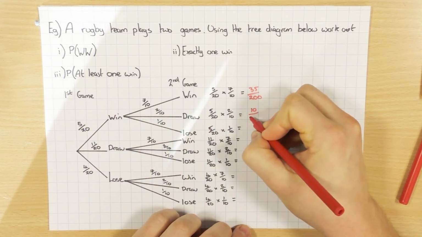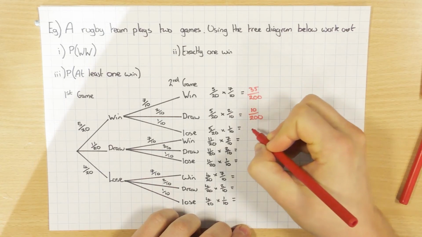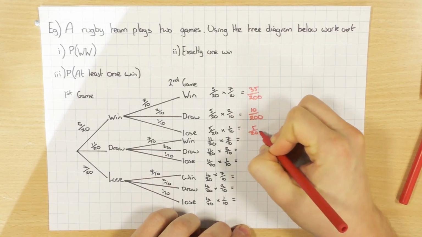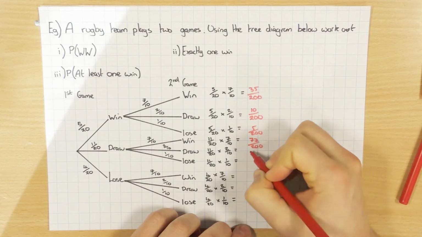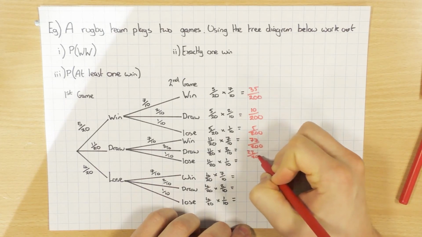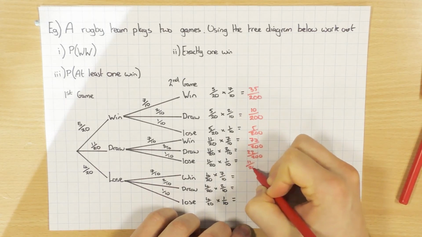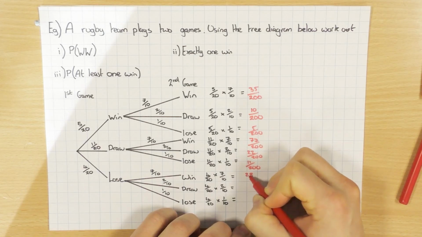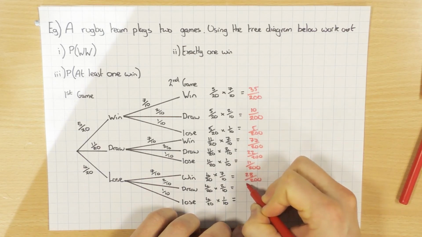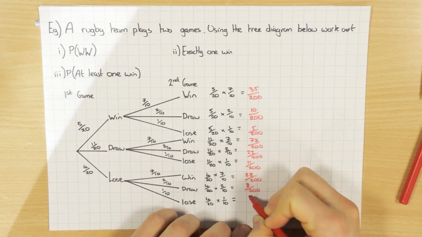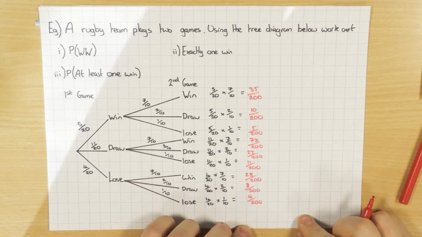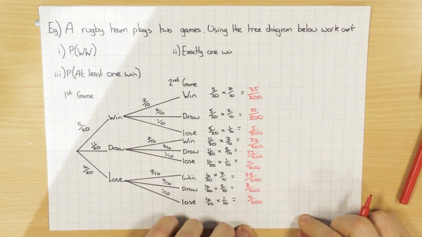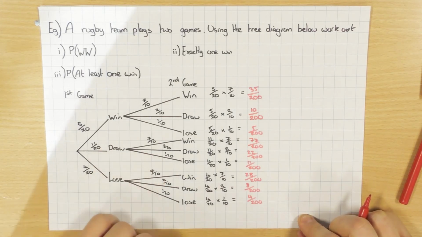So next one would be 10 over 200, maybe 5 over 200, 77 over 200, 22 over 200, 11 over 200, 28 over 200, 8 over 200, and 4 over 200. And again, if you were to add all these up, it would be 200 over 200, which would be obviously 1. Okay, so there's all the different possibilities or different outcomes we could have.